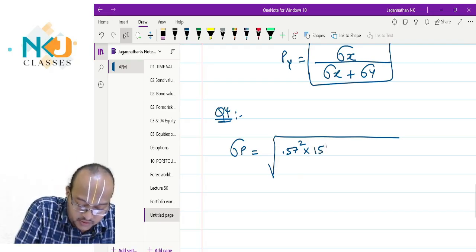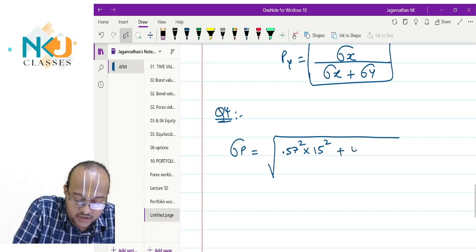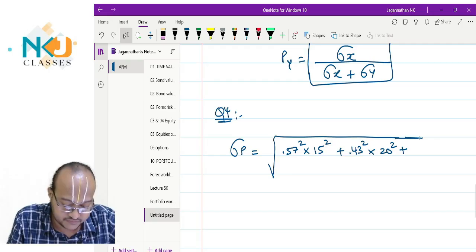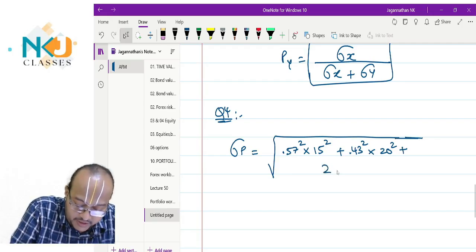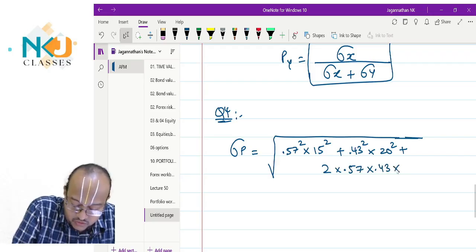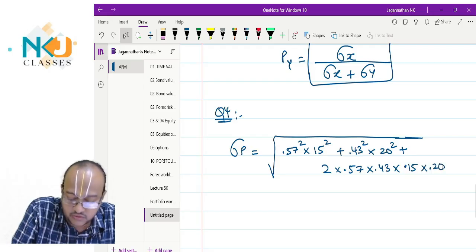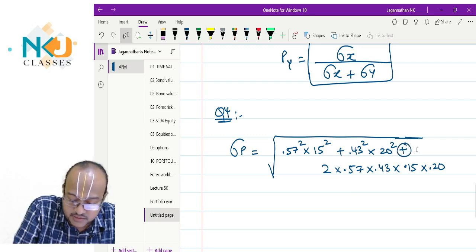Sigma X into 15 square plus weight 2, 43, 0.43 square into sigma 20 square plus 2 into weight 1, 0.57, into 0.43 into sigma X sigma Y, 0.15 into 0.20, into correlation. Correlation is -1. Instead of plus, this will become minus.